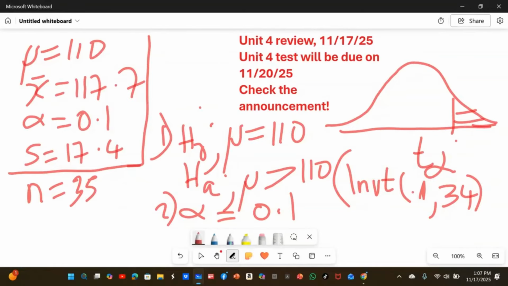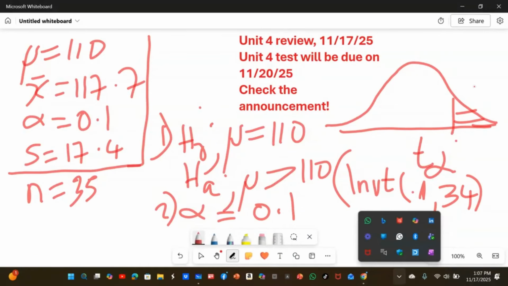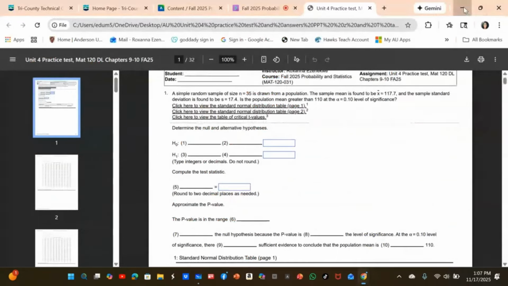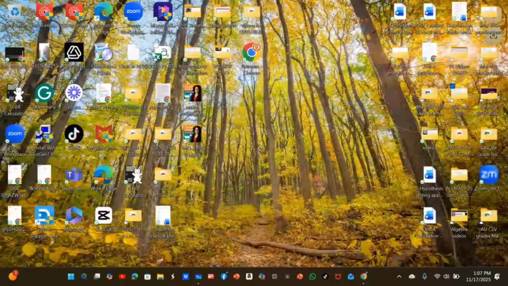So I am going to calculate the critical value. I need to pull my calculator up. So where is my calculator? Right here.